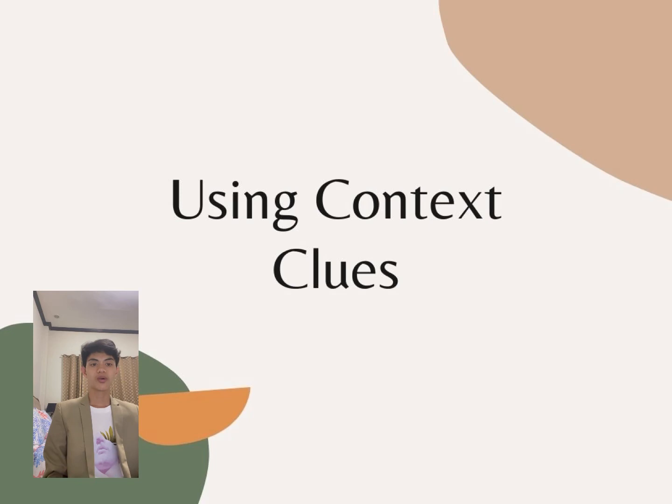Now, I'm going to talk about how we're going to use context clues. After we know how to get the gist of the text, we're going to learn how to improve our reading comprehension and reading pace by using context clues.